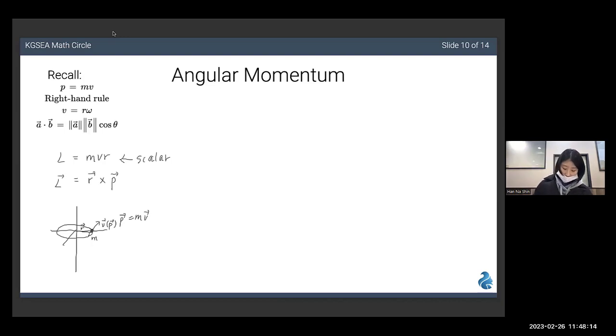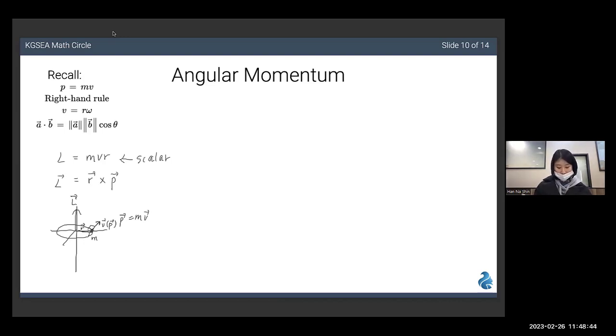And because r and p are perpendicular to each other, we know that we have to cross these two quantities. Angular momentum is L. But in cross products, we need to make sure that the order isn't mixed up. We need to check that angular momentum L is equal to r cross p, not p cross r. And so to do that, we just need to use the right-hand rule.